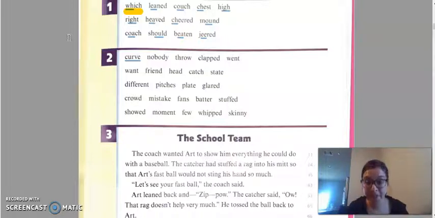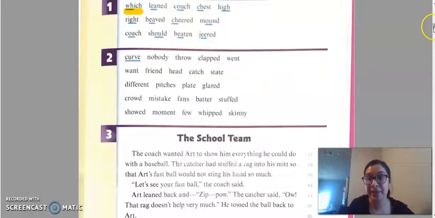What word? Yes, which. You're going to do that for each word in part 1. Remember, part 2, you say the whole word, and I want to see if you can say them the fast way the first time. So make sure you're saying each word the right way.